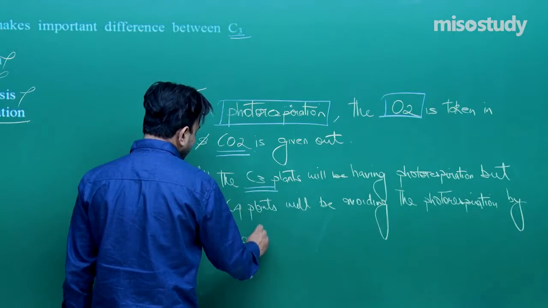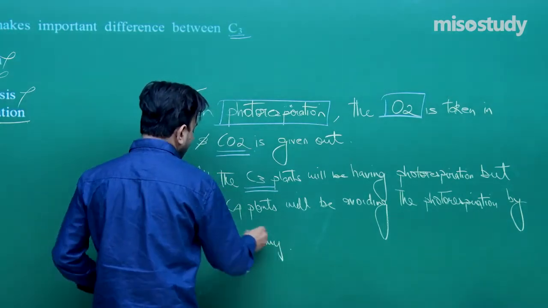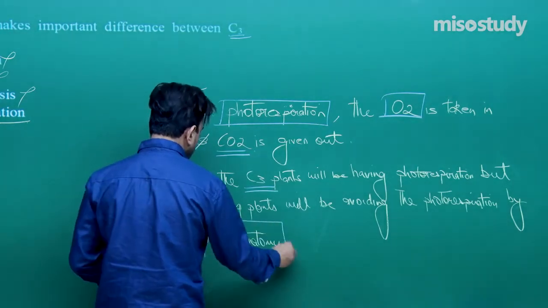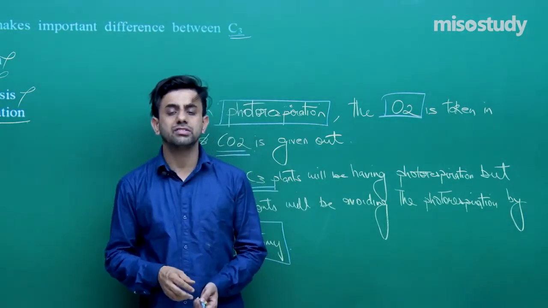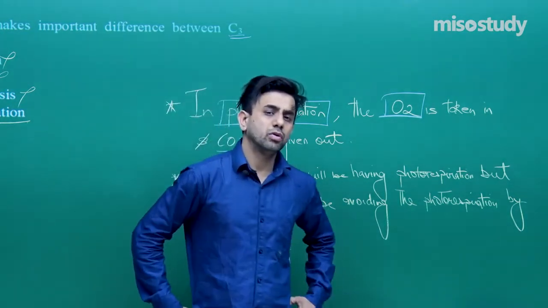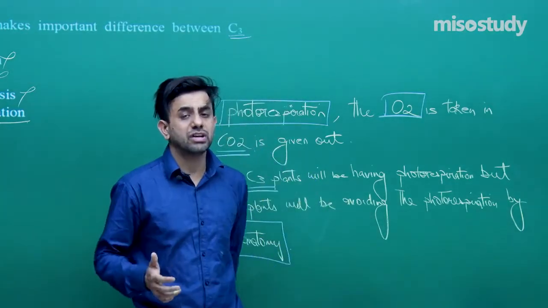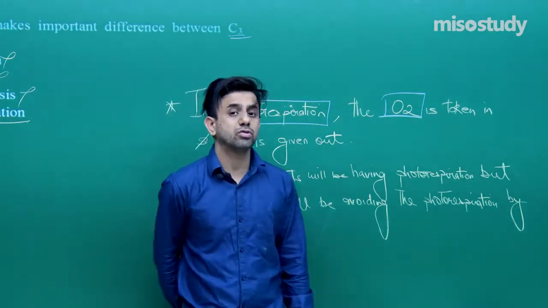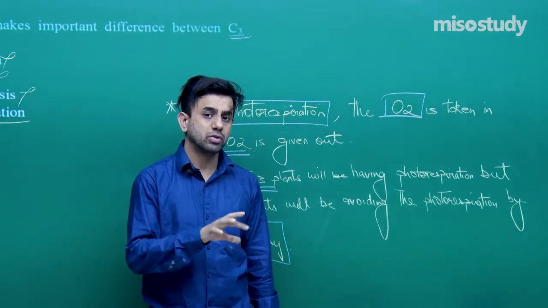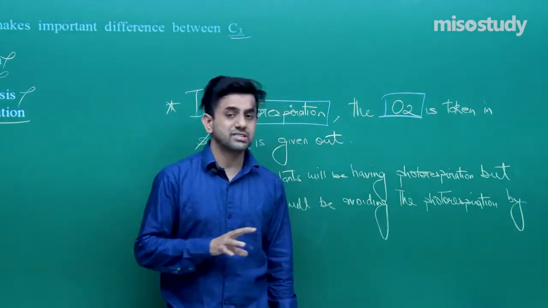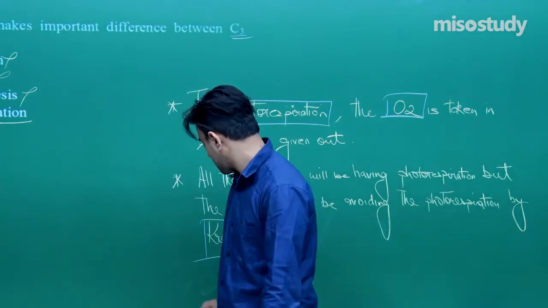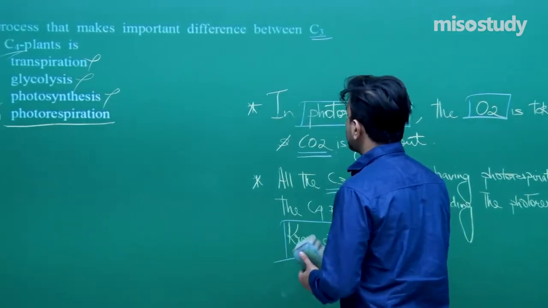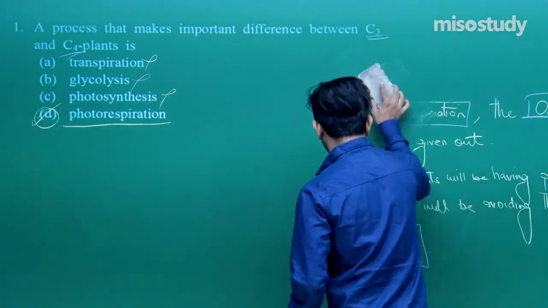In the Kranz anatomy, what we will see is they have dimorphic chloroplast, that is, the granule chloroplast and the non-granule chloroplast, because that is related to the cyclic and the non-cyclic photophosphorylation. Also, the chloroplast here will be surrounded by the bundle sheath cells, right? So that is one of the basic differences.